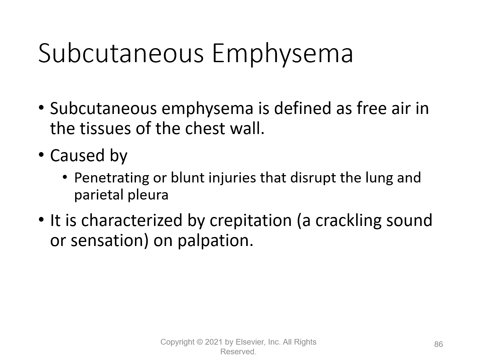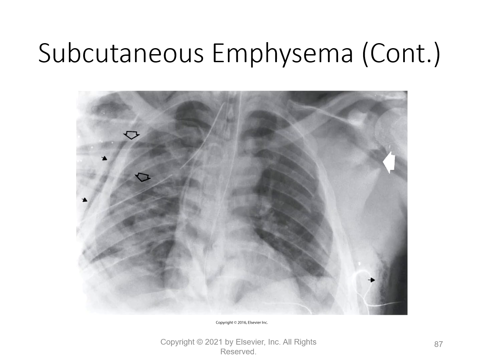It's characterized by crepitation, or a crackling sound or sensation when you press down on the patient's skin. And here you see, external to the rib cage, we have these collections of air here, and then collections of air here, and here. So lots of air in very unusual spaces.